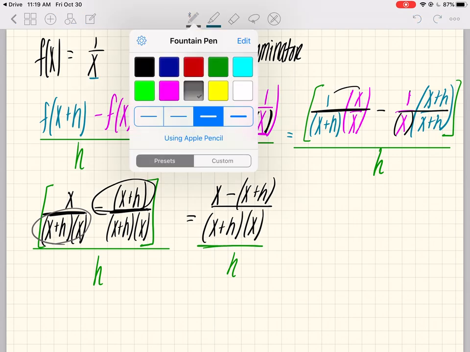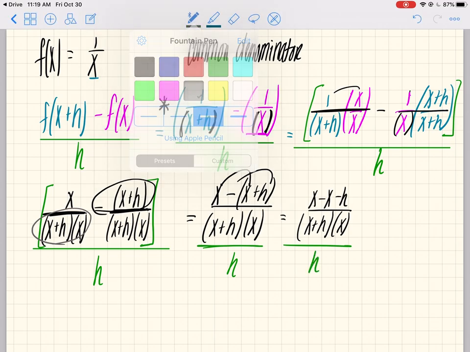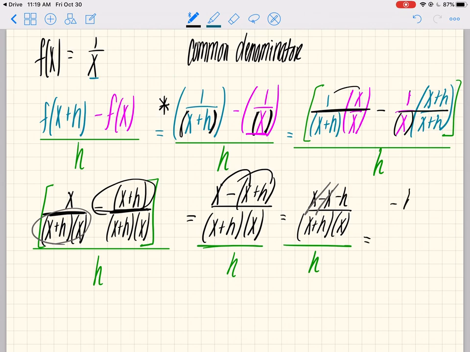All right, then we are going to distribute this. So we get x minus x minus h, all divided by this common denominator, all divided by h. Okay, and then the x's cancel out, so we're left with just a negative h divided by this common denominator, all of that divided by h.